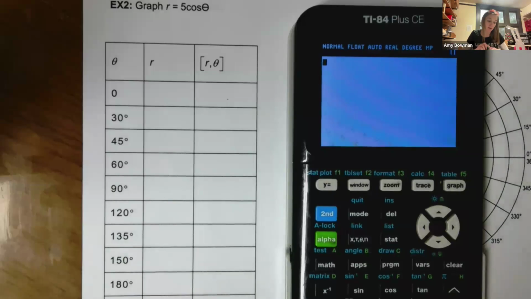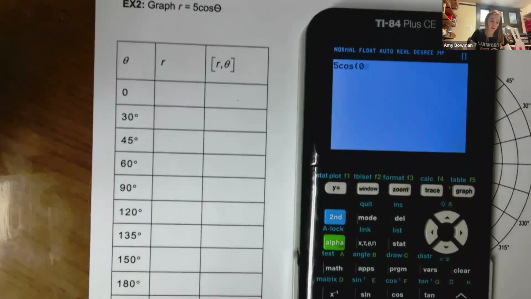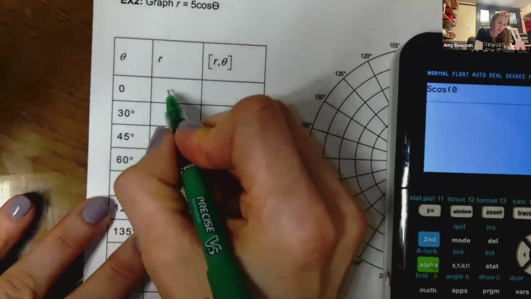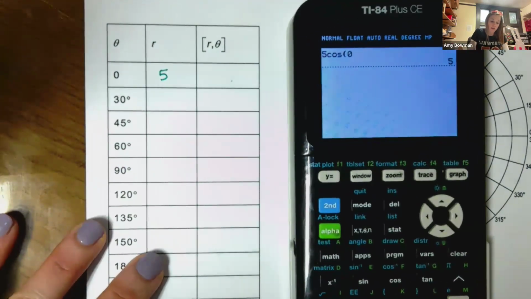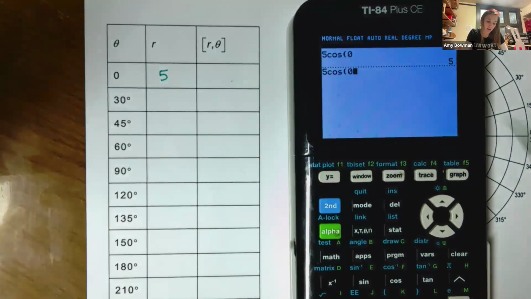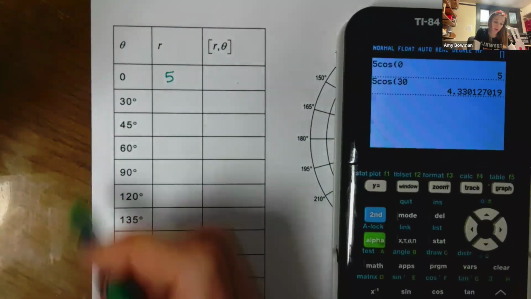So this time it's 5 cosine theta. So 5 cosine 0, we all know that the cosine of 0 is 1. So we've got the r value of 5. Again, I'm not going to plot this yet. I'm just going to crunch all the numbers. Another thing, again, I'm doing second entry so that I can quickly and easily type in each angle value. So we've got 4.3.